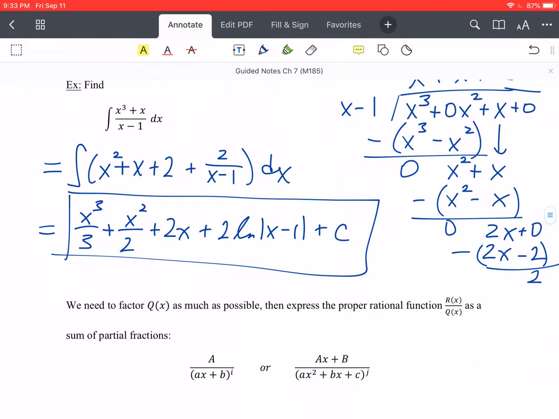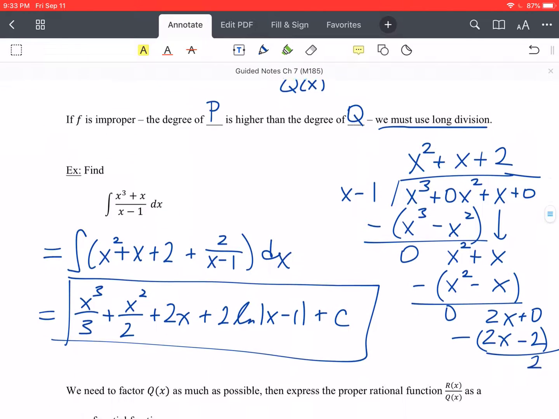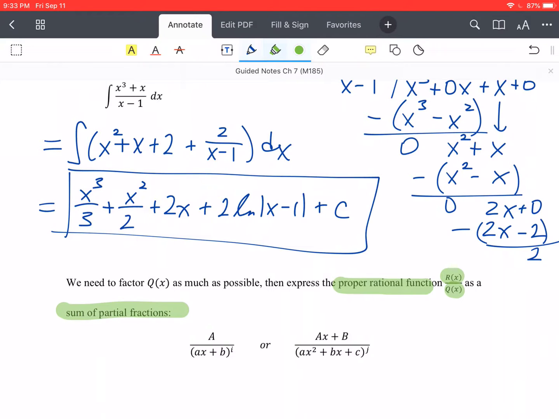So when we're dealing with this method, we need to factor q of x as much as possible. So q of x is that denominator we saw up here, right? P over q. We need to factor it as much as possible and then express the proper rational function r of x over q of x as a sum of partial fractions.